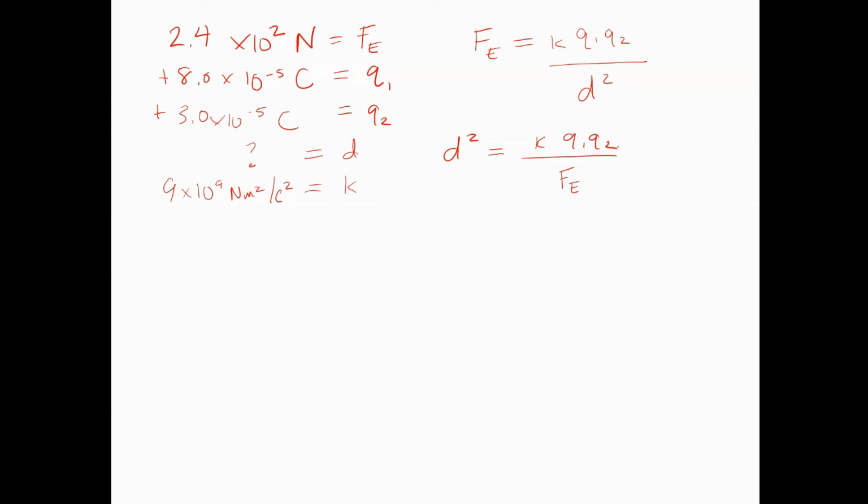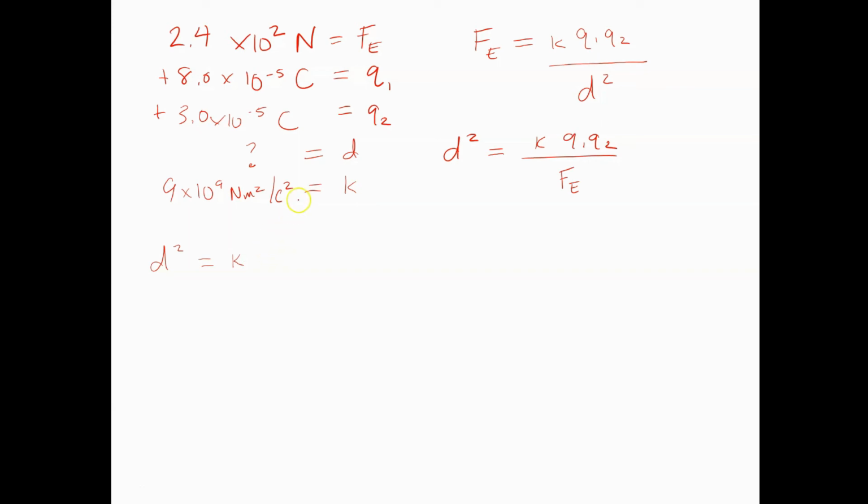Now it's about plugging in the values. So you do the math. Guide step D, do the math. Substitute your numbers and units for these variables. So the distance squared is equal to, and this is just an oddball thing I do, I do the substituting of the value of K last.